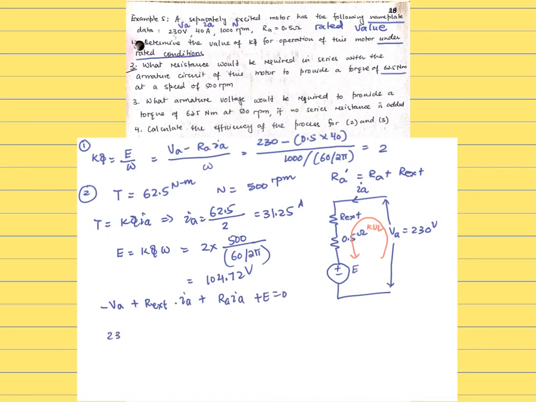So 230 volts equals R external plus 0.5 times IA, 31.25, plus E, which is 104.72. One equation, one unknown, and the R external numerical value comes to 3.5 ohms. Okay, so that's the second part of the question.